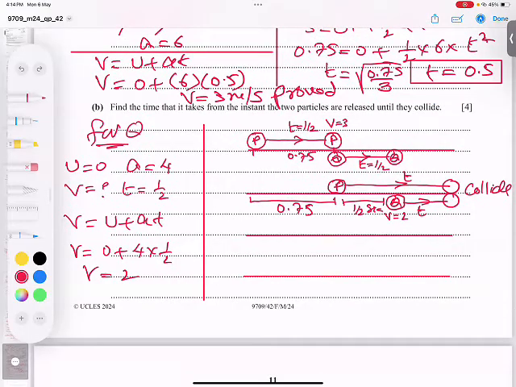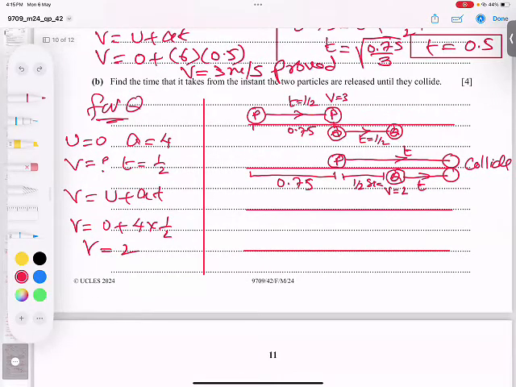I think you have understood up to here. Now the particle speed at P is 3, and I want to find the distance. The distance of the Q particle and this distance are equal to each other.